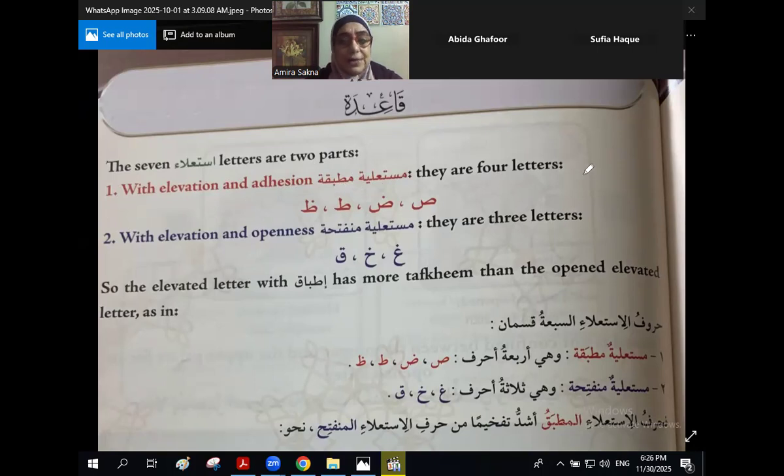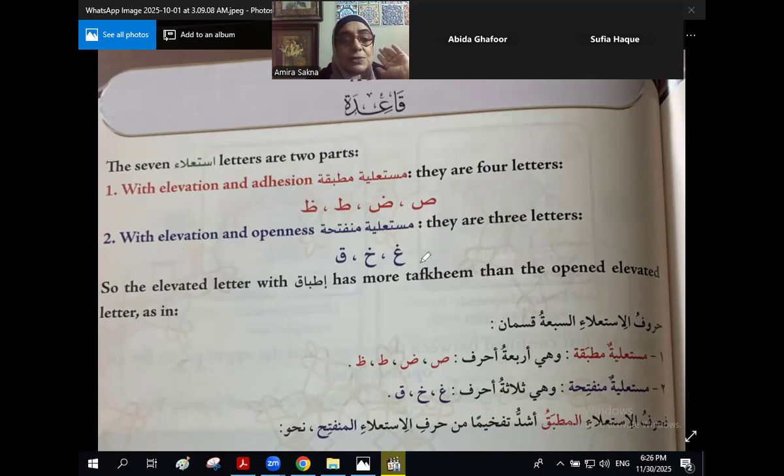They are 4 letters: صاد, ضاد, طاء, and ظاء. The second group is with elevation, استعلاء, and opening, انفتاح, مستعلية منفتحة.